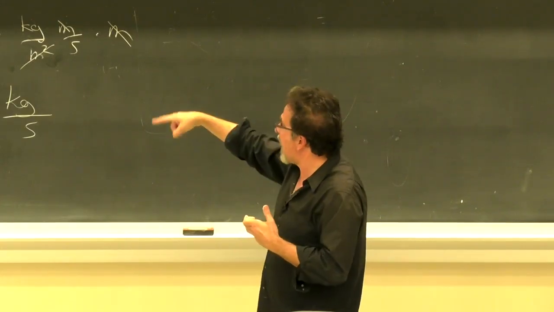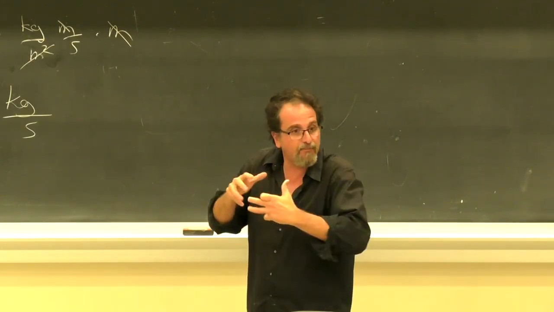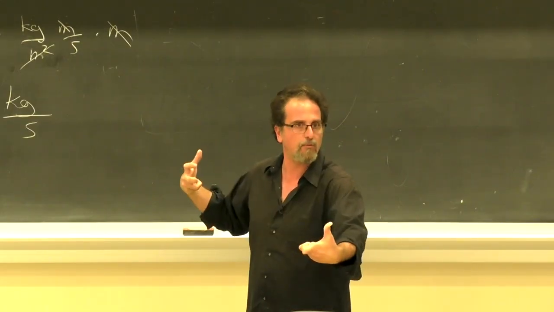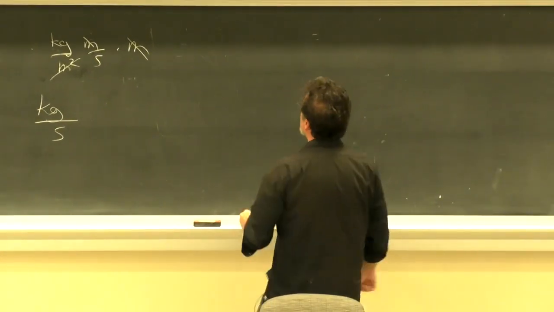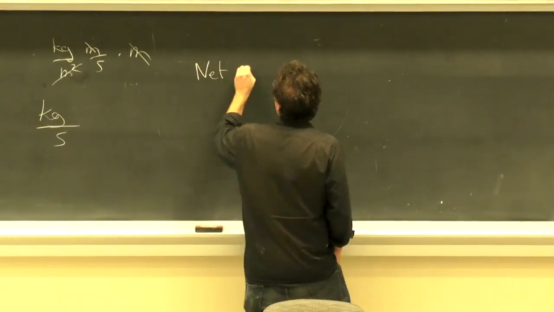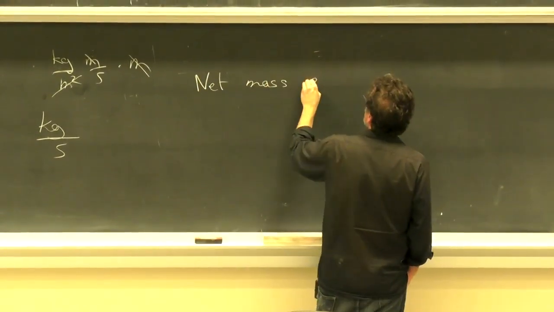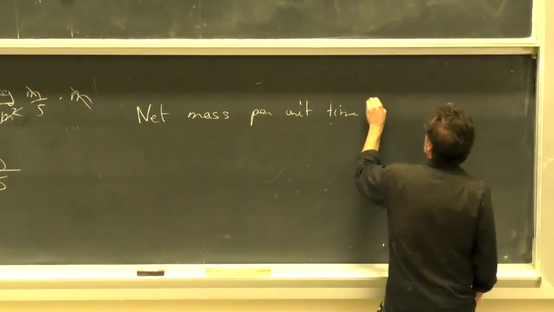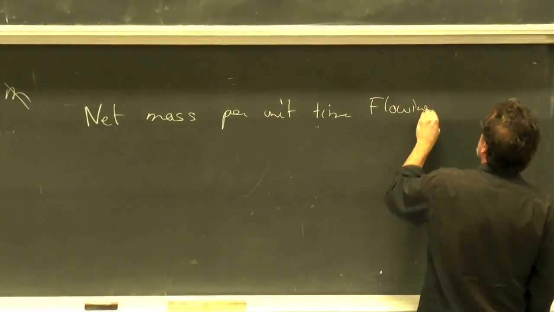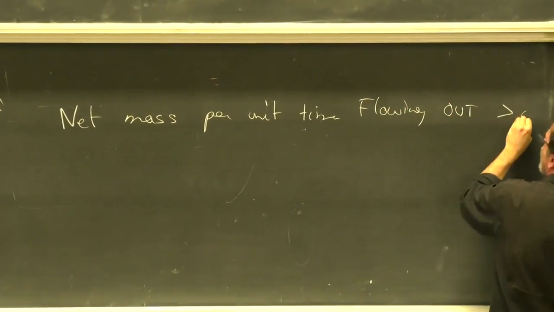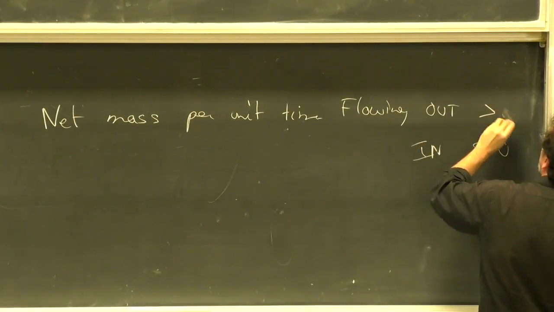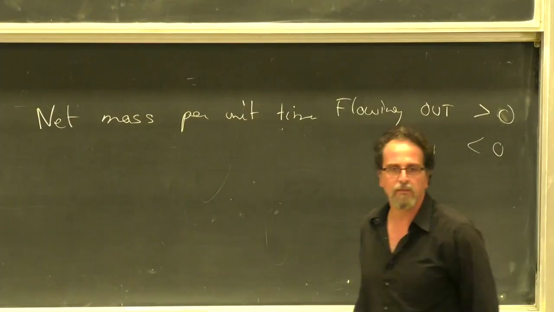But if it has a net amount, it's net flowing out or net flowing in. If it's positive, it's net flowing out. If it's negative, it's net flowing in. So it's the net mass per unit time flowing out if greater than 0 and in if less than 0. That's what it is.